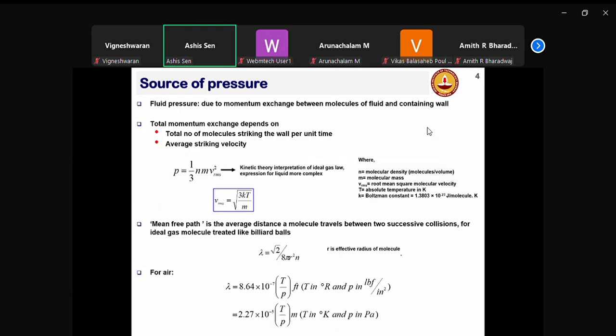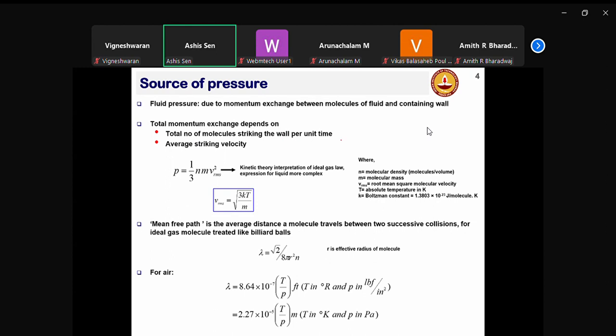Right. So what is the source of pressure? The source of pressure is basically the kinetic energy of the molecules. And it is basically because of the momentum exchange between the molecules of the fluid and the container wall. So this you can understand from the kinetic theory of gases. The total momentum exchange would depend on the total number of molecules that are striking the wall per unit time, right?